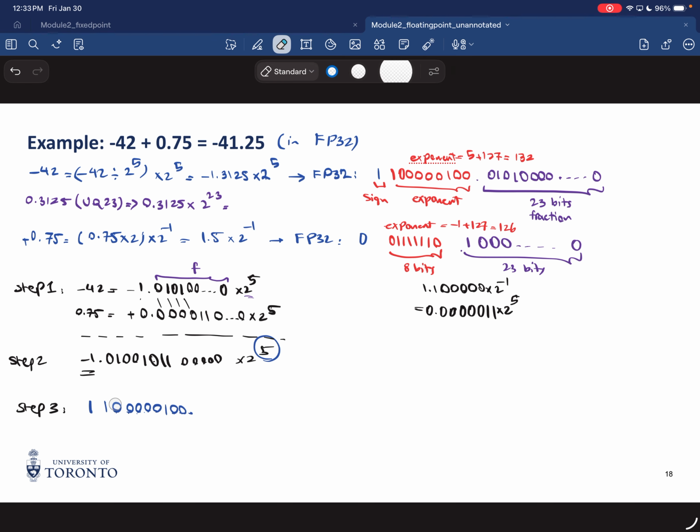That's wrong. This is the exponent part, and then for the fractional part, again we remove the implied 1, and it's going to be 0 1 0 0 1 0 1 1. The rest of it is 0. All of it is 0.